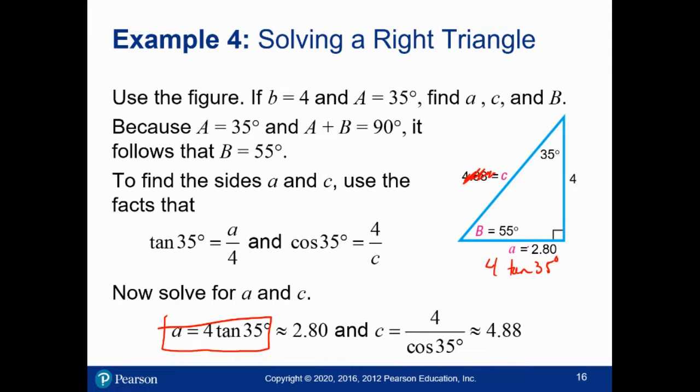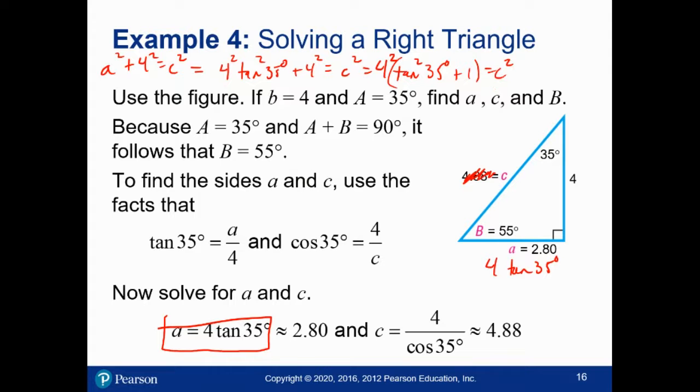Then we could use the Pythagorean theorem. Okay. So up at the top, a squared plus 4 squared equals c squared. We just got a is 4 times the tangent of 35 degrees. I can factor a 4 out. And what's left behind is tan squared of 35 degrees plus 1 equals c squared.